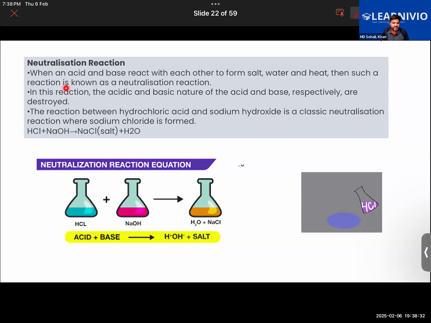So about the neutralization reaction, I was saying that when the acid and the bases react, the effect of the acid and base, both of them, are lost. As a result, a substance is formed, that is salt. Acid plus base gives water plus salt, and salt is a neutral substance.